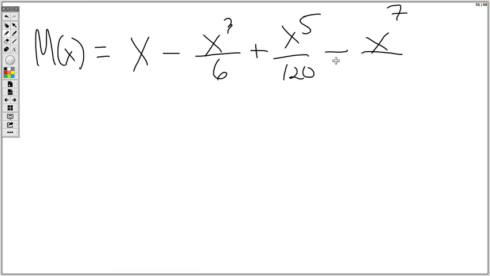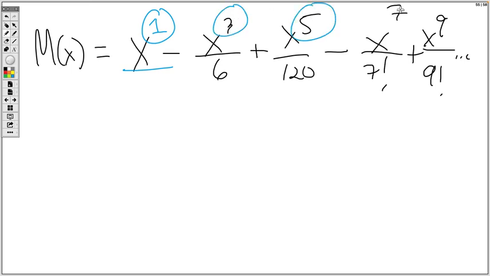So the next one would be 7 factorial. What would be the next one? x to the 9th. It would be positive over 9 factorial. All right. So if you can start guessing the next one, that means that you get the pattern. You with me or not? Okay, now I want to codify that pattern. So what do you notice about all of these exponents? They're all what?